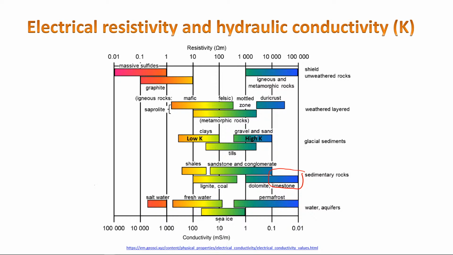So if you are in Immokalee, you can use this information: limestone has a very high resistivity, so that will be your bedrock. Above the limestone, you could find some gravel and sand, with lower resistivity, and then you will find clay. That's how you'll be able to identify where your bedrock starts, for example.